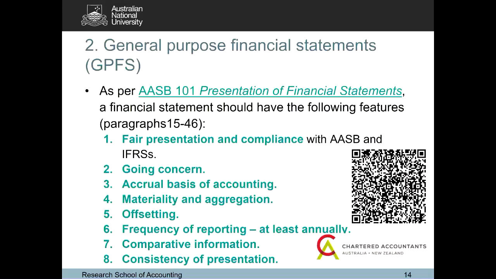Going concern, what is going concern? The company is long live the king. The company will survive forever, right? Supposedly no company can survive forever, but we have to make an assumption. Otherwise, for an asset, this year's depreciation I would say is 10% of the asset, but actually next year the company goes bankrupt.